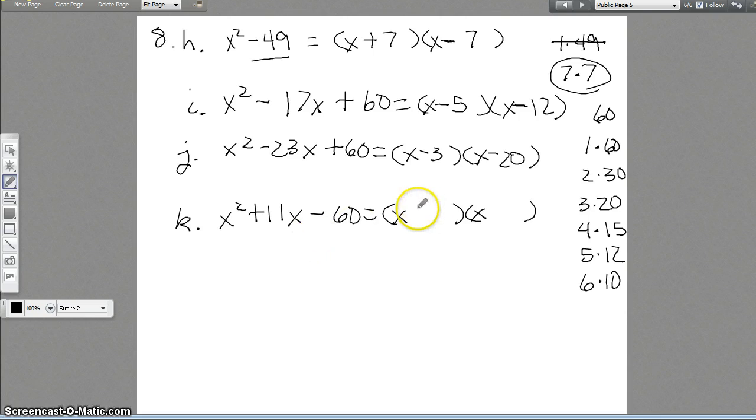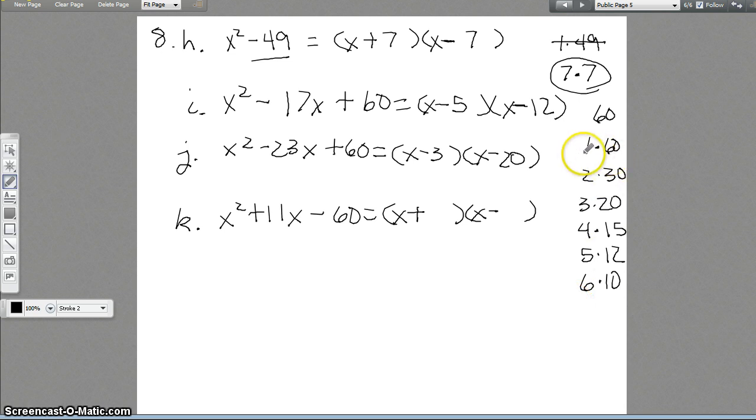Since it's negative, we know that we need a plus in one of these parentheses and we need a minus in the other. And because we have a plus and a minus, that means we're going to take the difference between the factors. So again, we're looking for the factors of 60, which I have written on the side. And we need to find a pair of factors that have a difference of 11. Not the sum of 11, but the difference of 11.